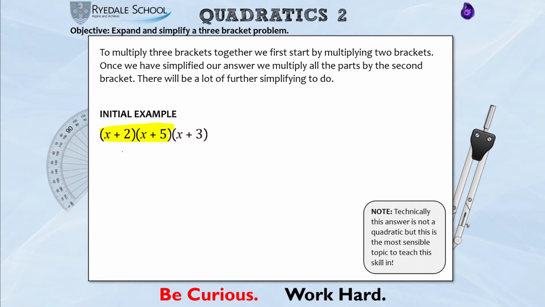So we already know how to multiply out two brackets, but I'm going to put my answer in another big bracket. So my answer to x plus 2 times x plus 5 is going to go here.